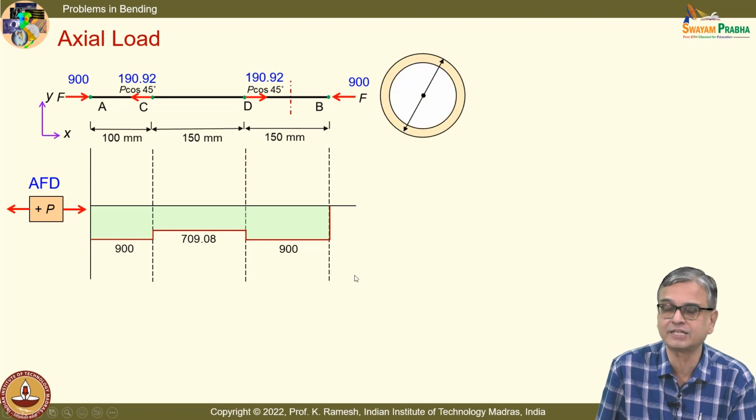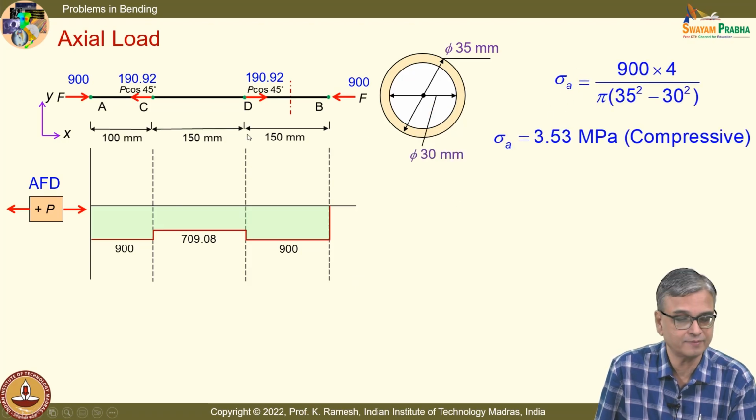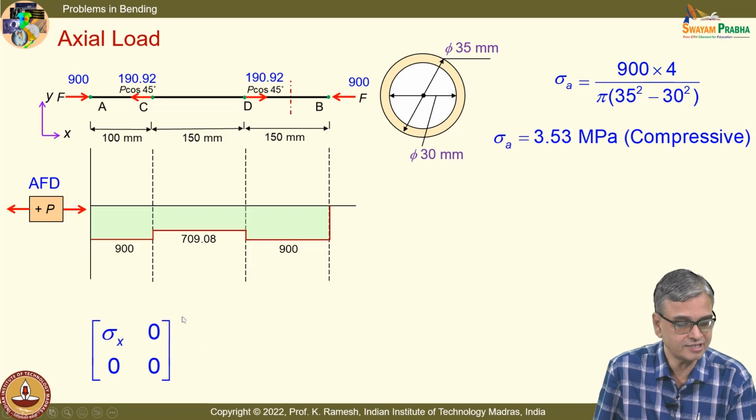So, I need to find out the area, and you should also know what is this axial stress component. When I have the reference axis as x along the axis, this is nothing but sigma x. So, the stress tensor is again sigma x 0 0 0.